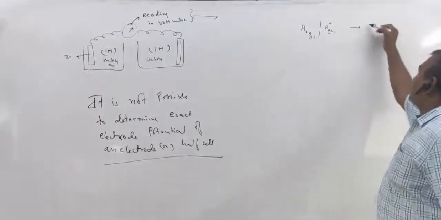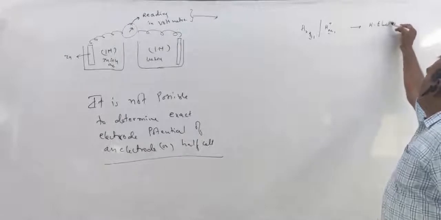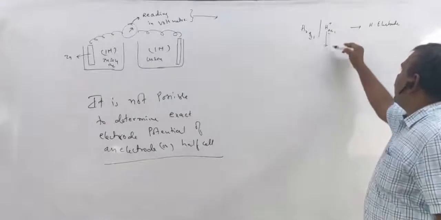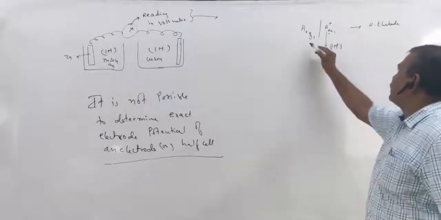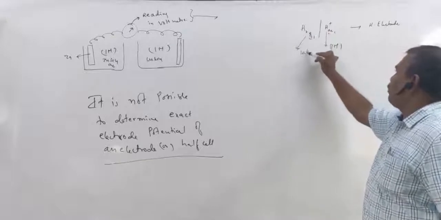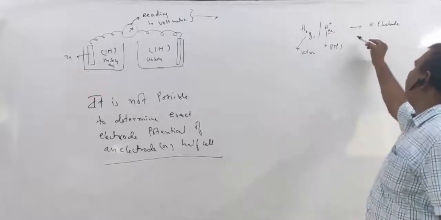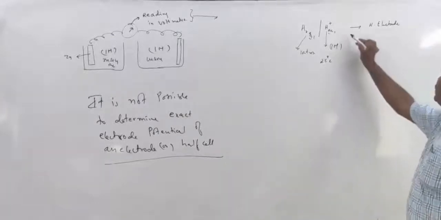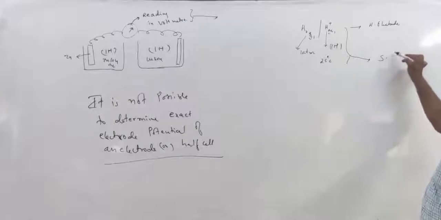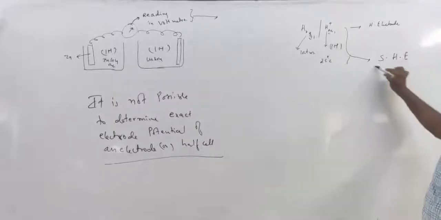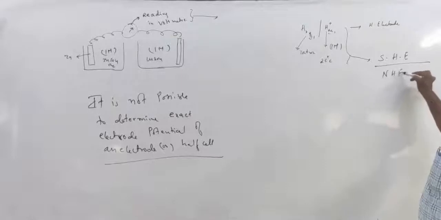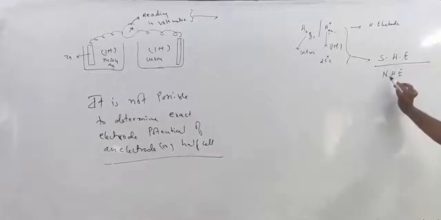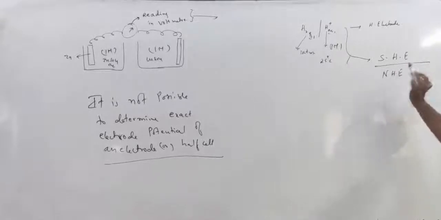That is called the hydrogen electrode. If these hydrogen ions are of 1 molar concentration, at 1 atmosphere pressure and at 25 degrees Celsius, then this electrode is said to be the standard hydrogen electrode or normal hydrogen electrode.